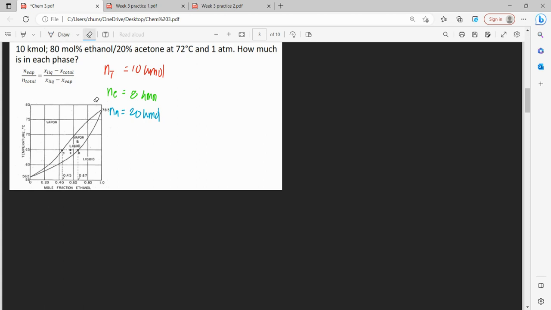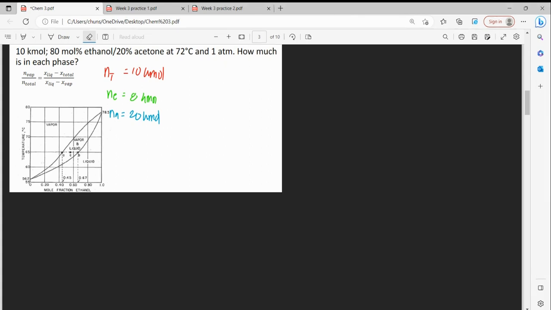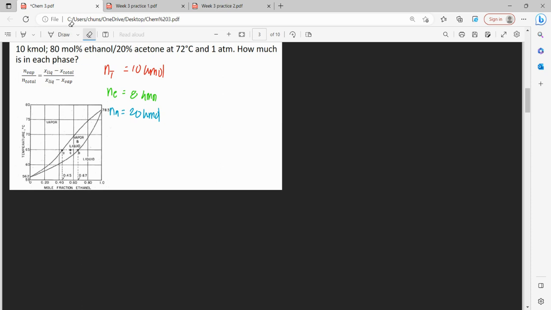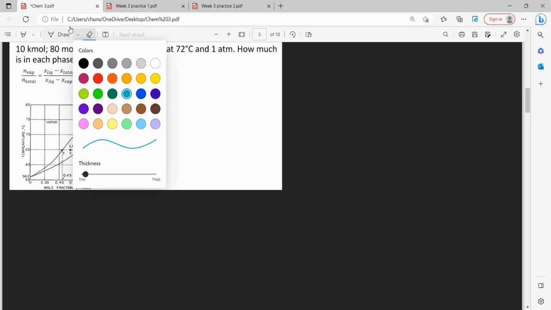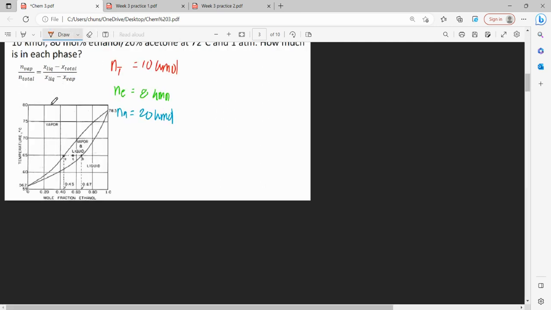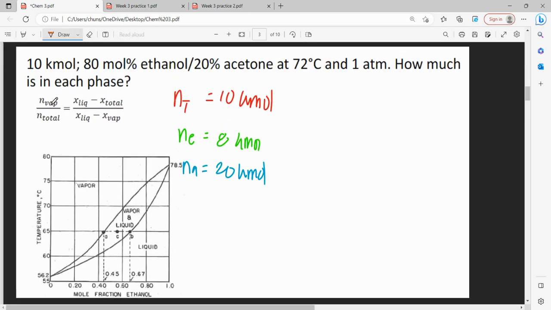So how much is in each phase? Okay, let's find out. Our X liquid minus X total, so we're going to find what that plot is first. Let me zoom in a little. So we are at 72 degrees. It's about here at 1 atm.